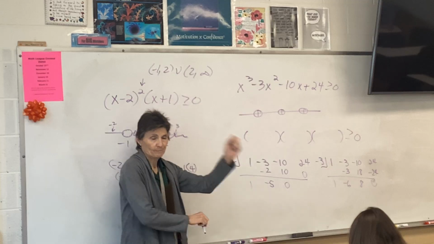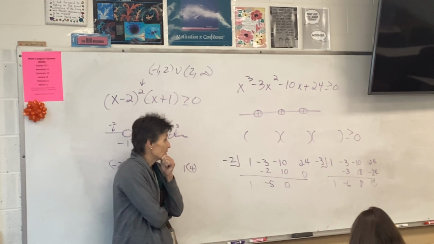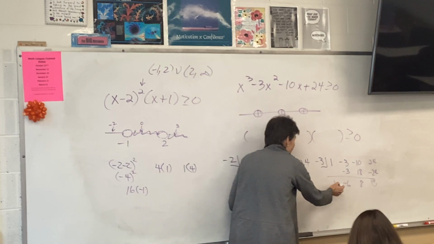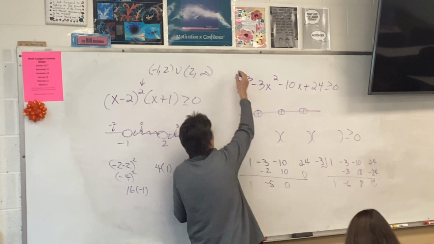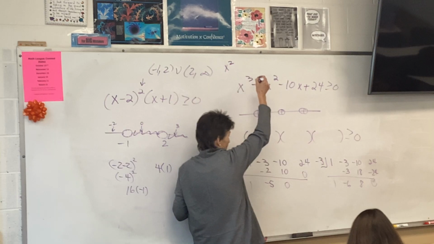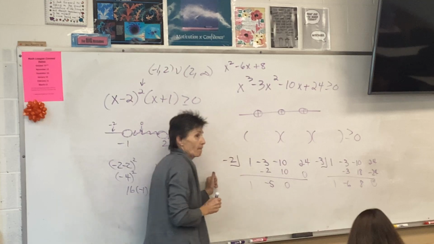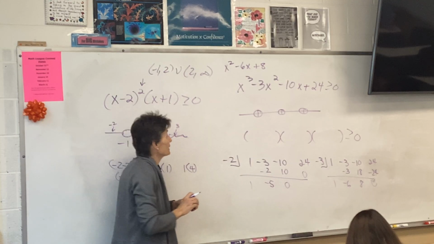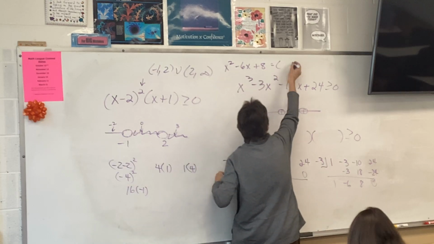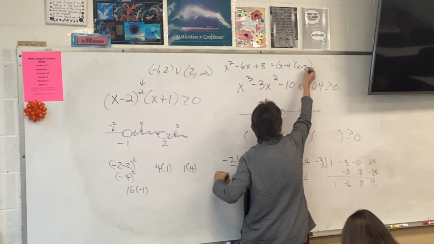Okay, now what? Now, what's left is x squared minus 6x plus 8. Can you factor that? X minus 4, x minus 2.